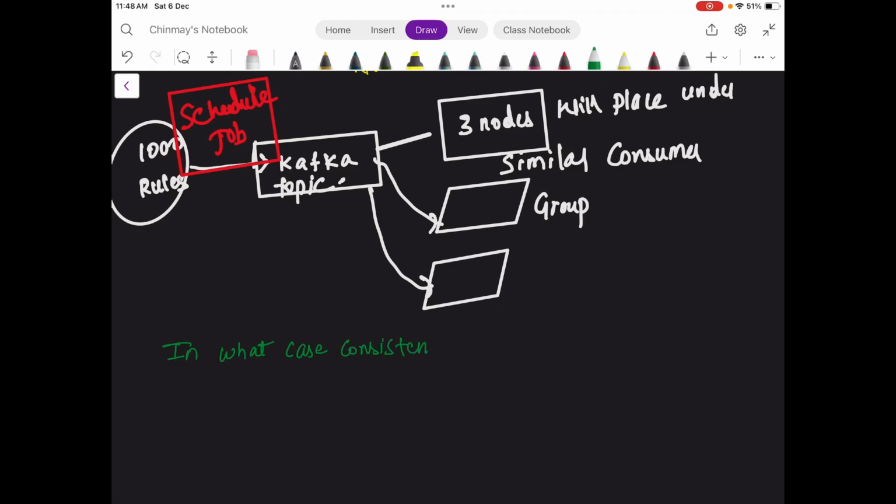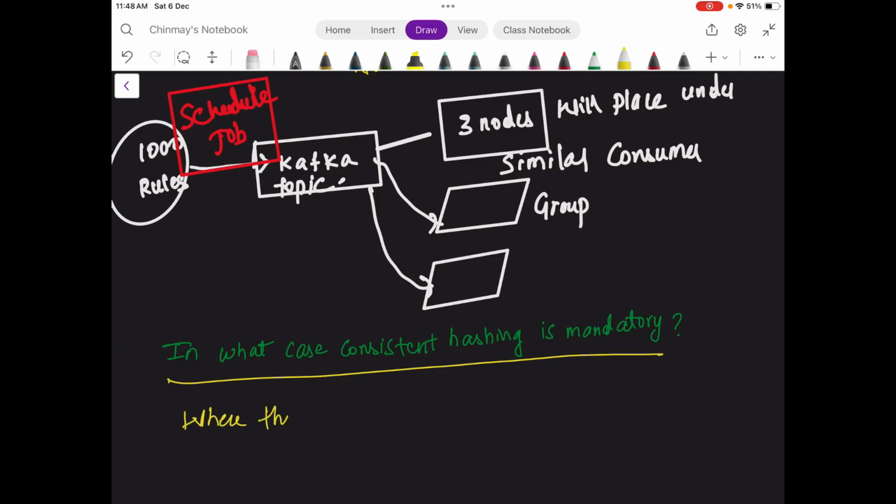Consistent hashing is mandatory where there is a use case in which you need to retrieve the message.